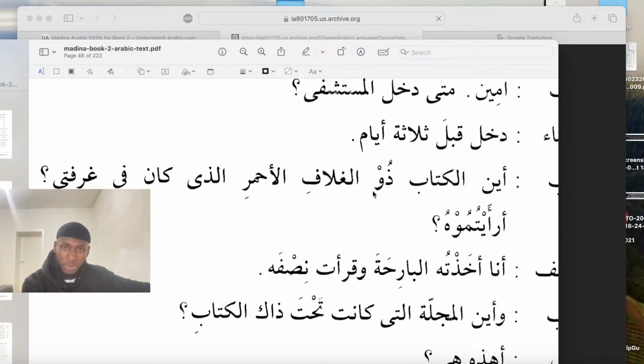In English we say the adjective before the noun, but in Arabic we learned that we have the noun and then the adjective comes later. أين الكتاب ذو الغلاف الأحمر. أحمر means red.